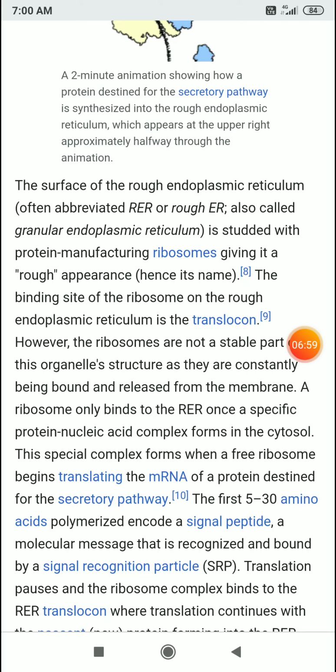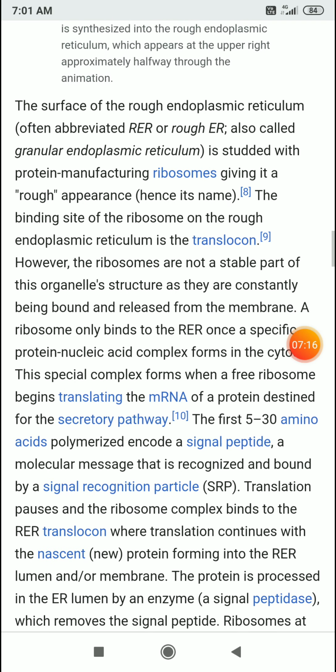A ribosome only binds to the rough endoplasmic reticulum once a specific protein-nucleic acid complex forms in the cytosol. This special complex forms when a free ribosome begins translating the mRNA of a protein destined for the secretory pathway.